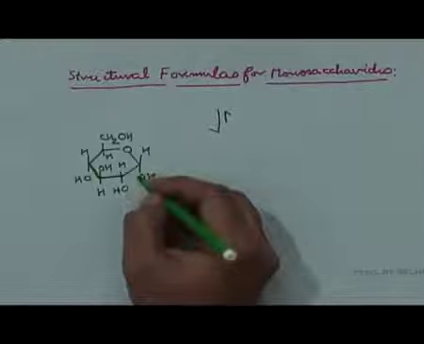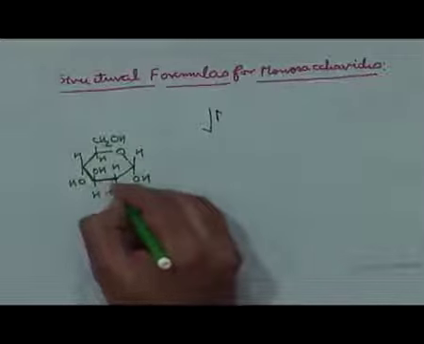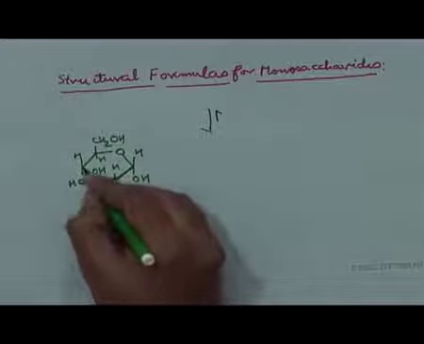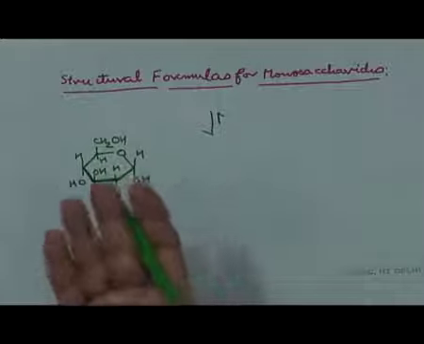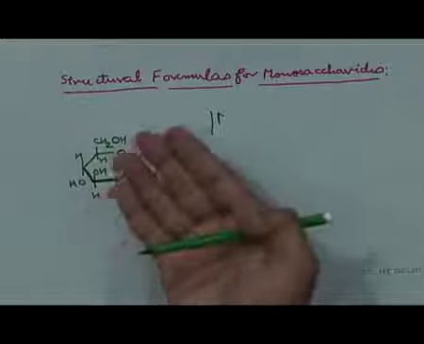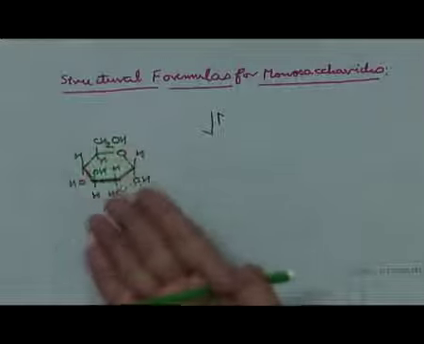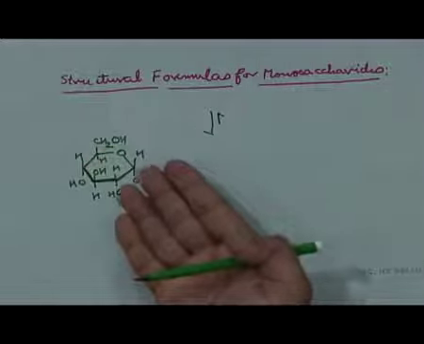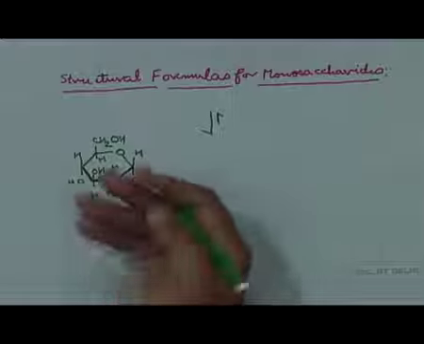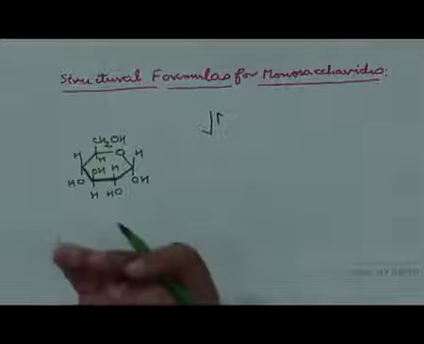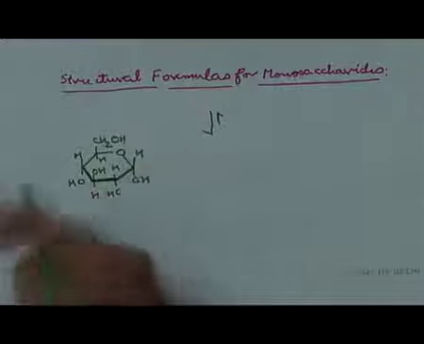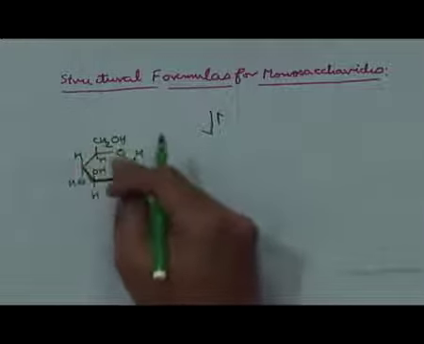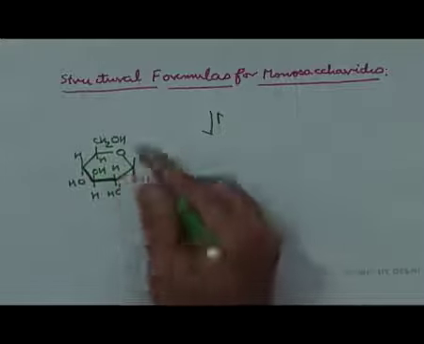Here I have drawn the cyclic form from the linear form. This solid line representation means that if we consider the pyranose ring in plane, the solid line comes towards us, whereas the oxygen-containing part is going away from us, and on this ring different substituents are there.